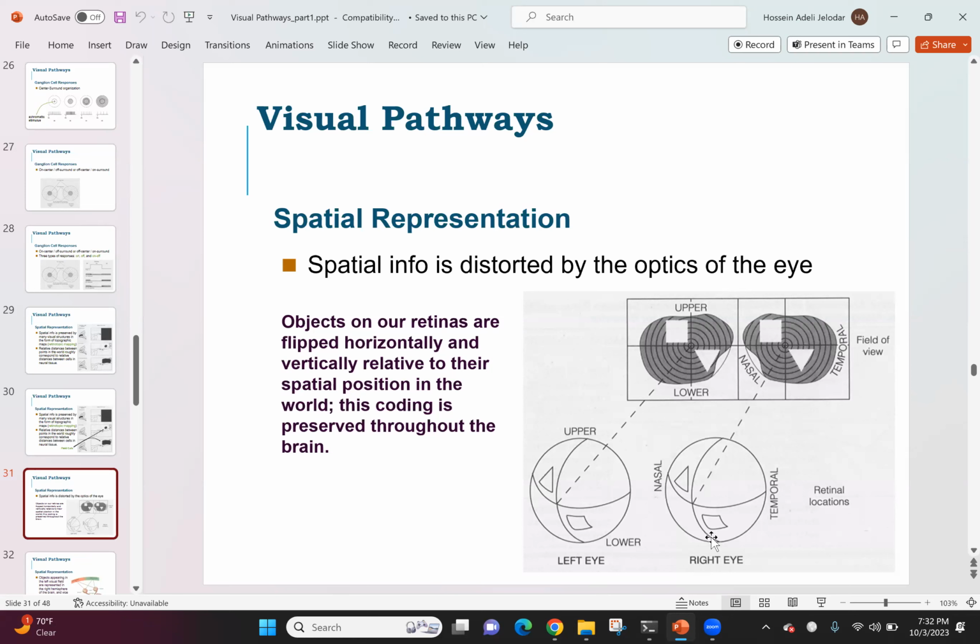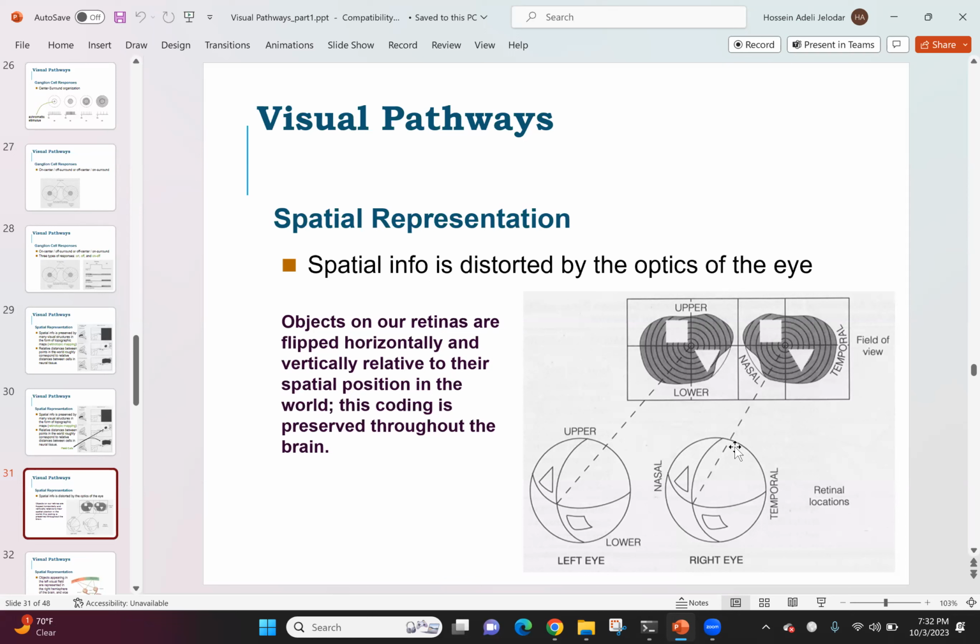So this organization is maintained throughout the brain. The fact that the eye changes the organization of the world, that organization stays, meaning that this triangle will be processed with your left hemisphere. This square goes to the right hemisphere.